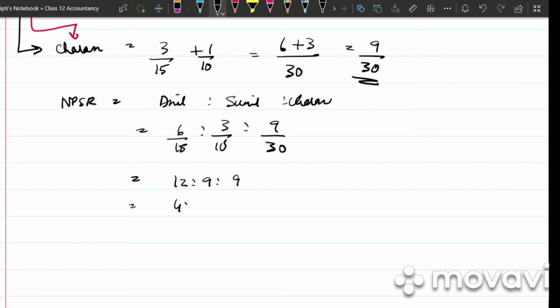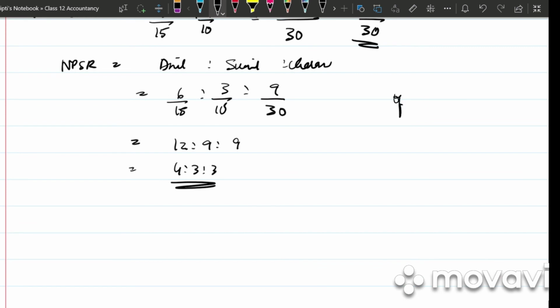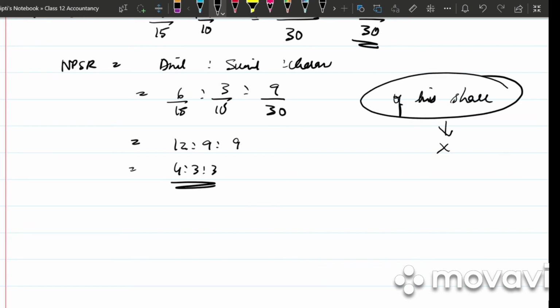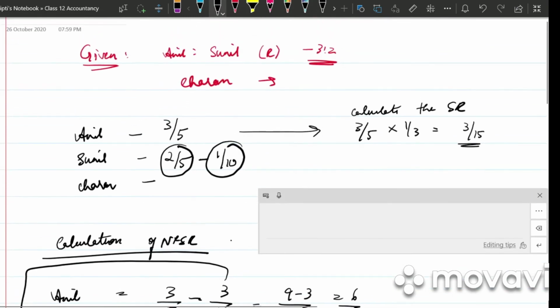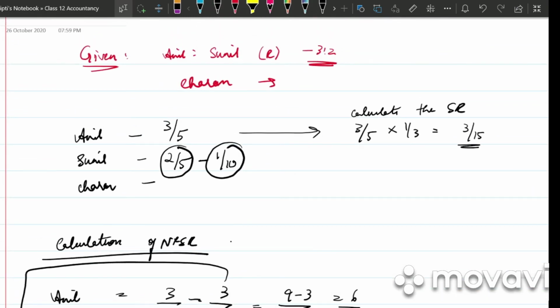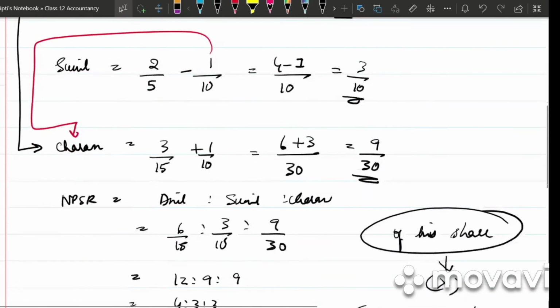We can further simplify: 4 is to 3 is to 3. So clear? Whenever they have given of his share, we need to multiply and find out the sacrificing ratio. And whenever they have given from his share, it means they have directly given his sacrifice ratio and we need to deduct it. This is a very important problem. So make sure you are very clear with this concept.